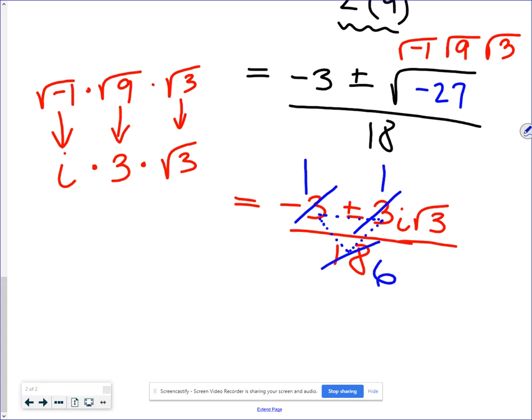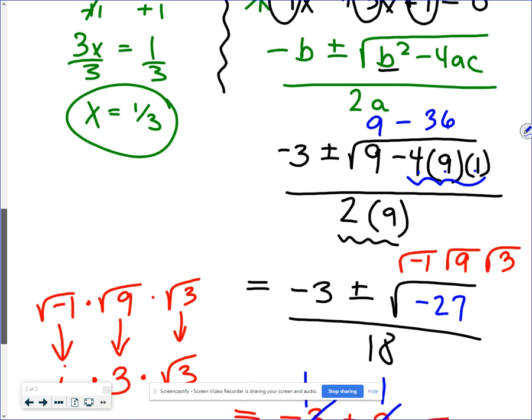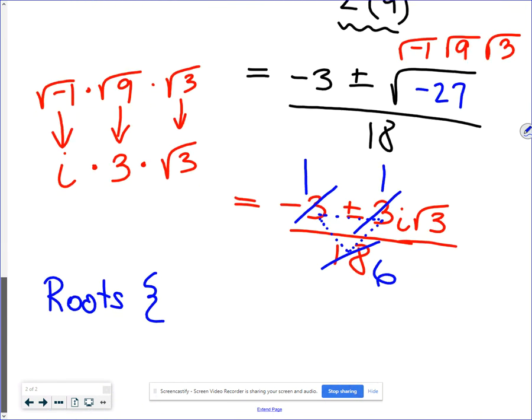All right, so what are the roots? What are the roots to this equation? Well, way back a long time ago when we started this problem, we found one of the roots right here is 1/3. So one of the roots is 1/3. Should have 3 of them. Well, what are the other 2 roots? Well, we have it right here.